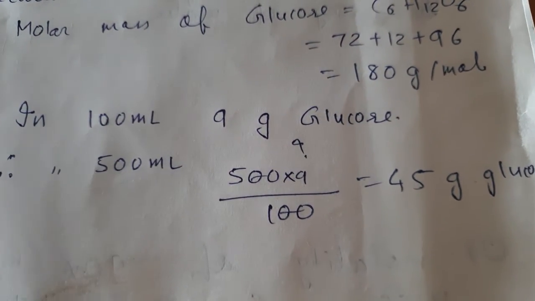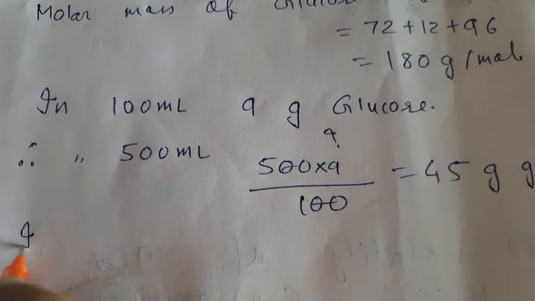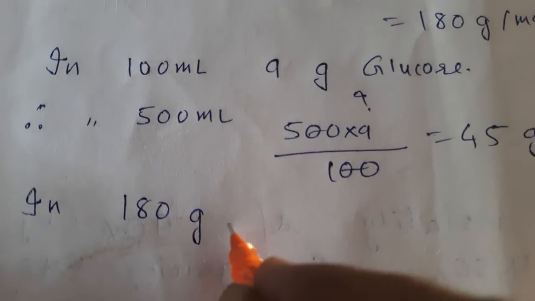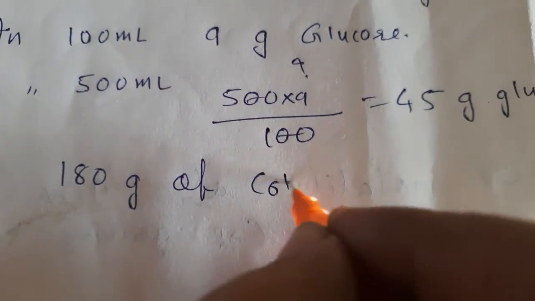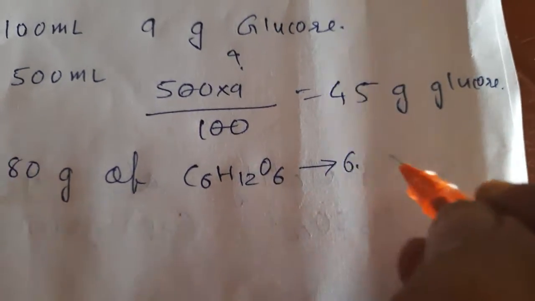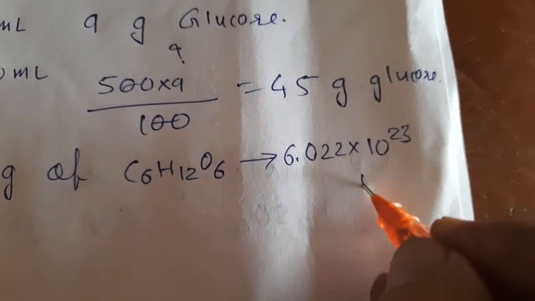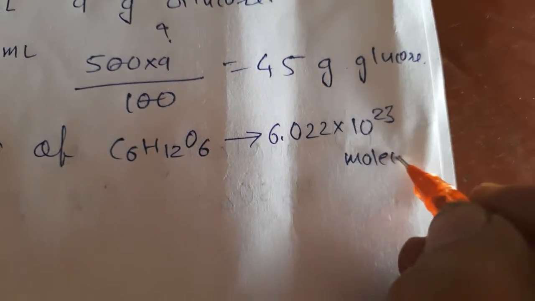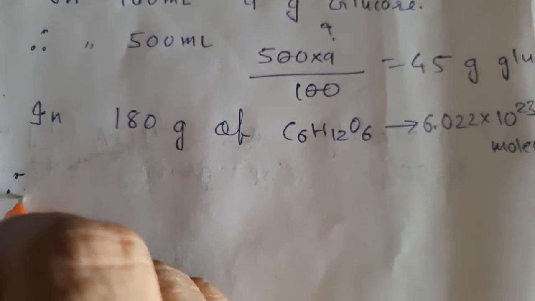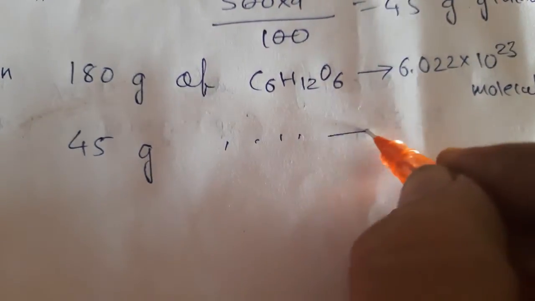So the number of molecules we have to find out. The number of molecules in 1 mole, how much is it, beta? In 180 gram, that is 1 mole of glucose, 6.022 into 10 raised to power 23 molecules. Okay. Therefore, how many grams do we have? 45 grams. So 45 gram of glucose will contain how much?